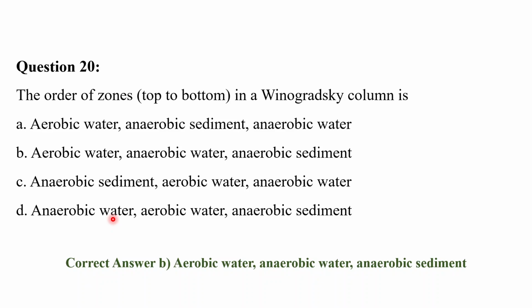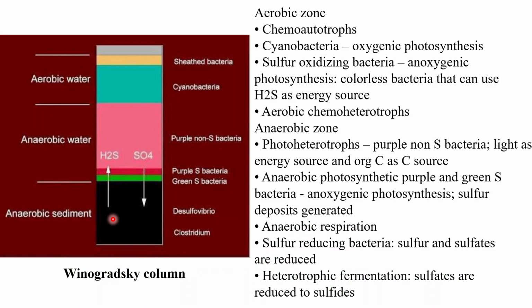arranged. So I'll explain what a Vinogradsky column is. Actually it was developed by Vinogradsky to mimic the conditions that are naturally present. So in a lake or a pond ecosystem, you have the bed of that water body. Okay, so that is deep inside the water body.